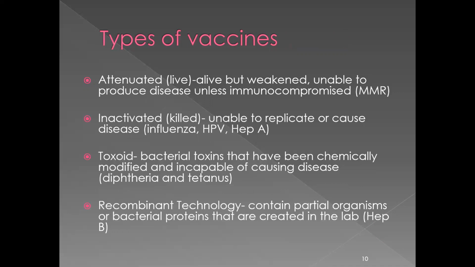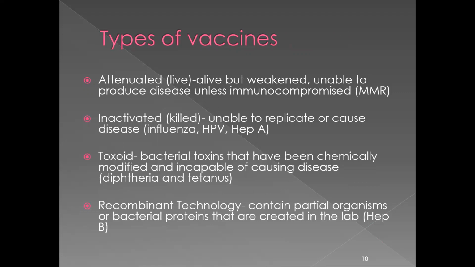So, types of vaccines. There's the attenuated or live version. It's basically alive, but it's weakened, so it's unable to produce the disease unless you're immunocompromised. A good example is the MMR, or the measles, mumps, and rubella. Then there's the inactivated, or the killed, which is unable to replicate or cause diseases.